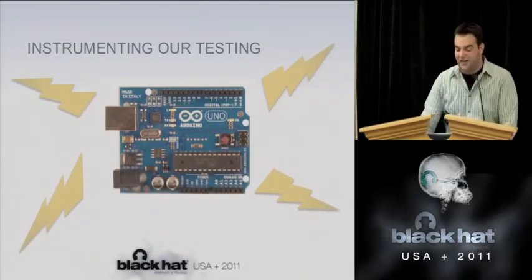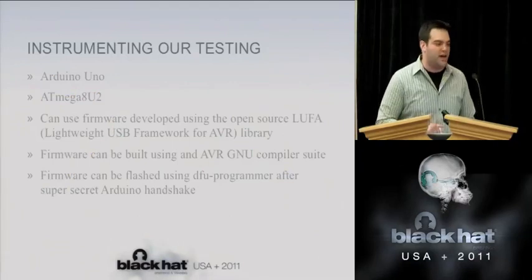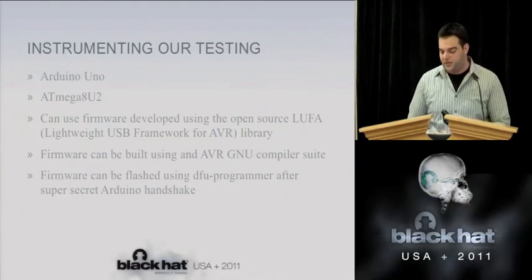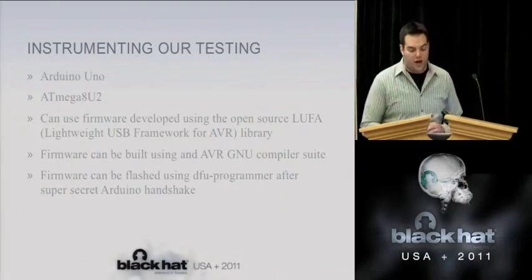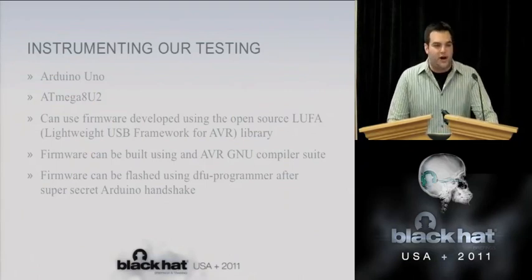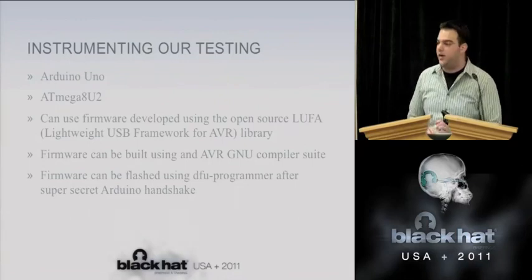So in testing here, and actually it's kind of important when looking at Arduinos and the chipsets they have, the Arduino Uno was actually one of the changes they made in the latest version was to use the ATmega 8U2 chipset for USB. And this is really nice and really convenient because there's an open source, and actually what Arduino uses is an open source USB library called Lufa, or the Lightweight USB Framework for AVR.